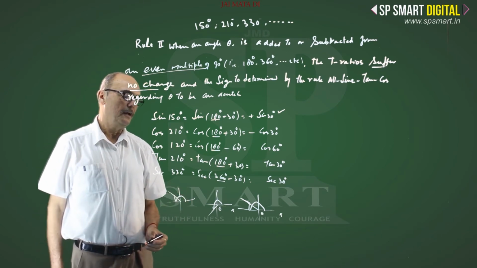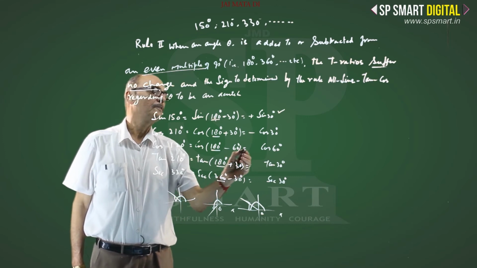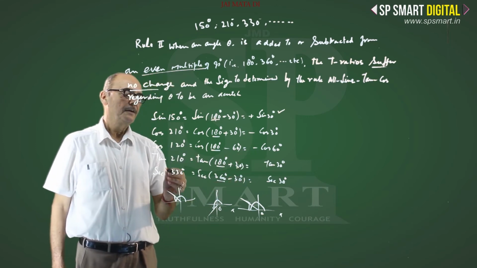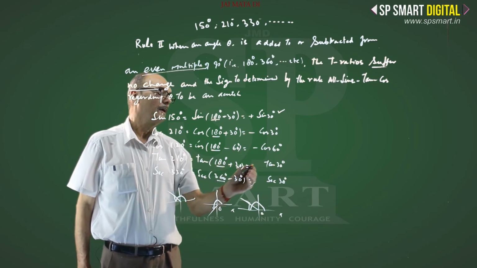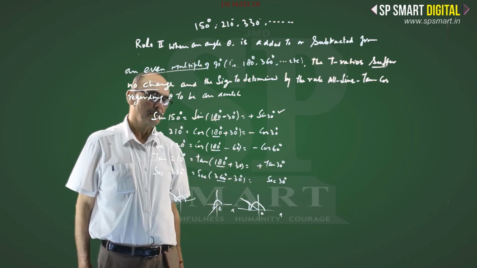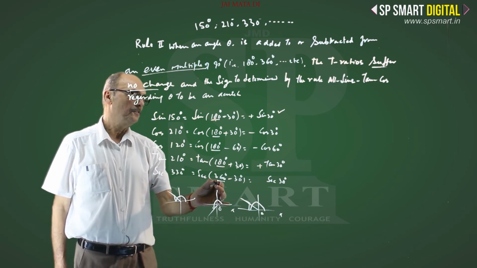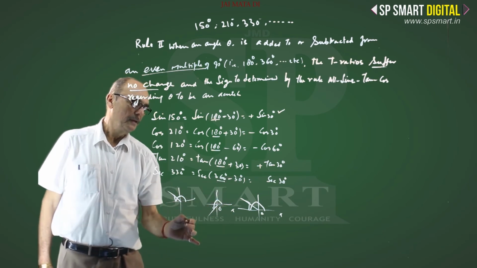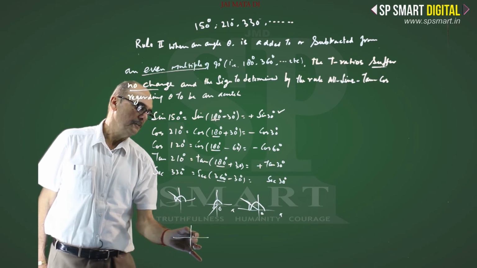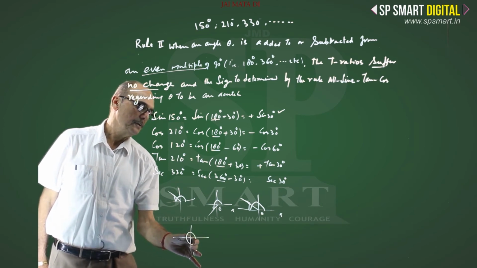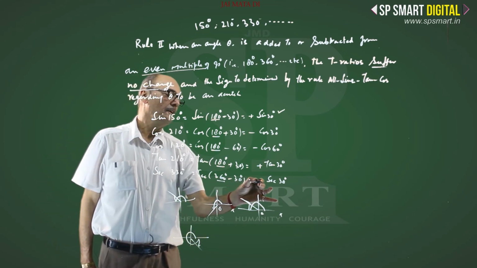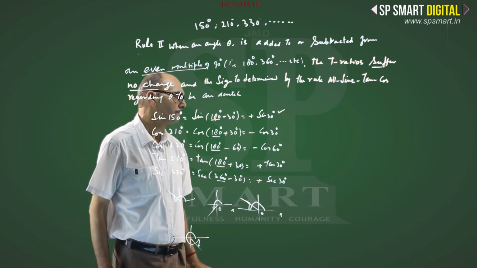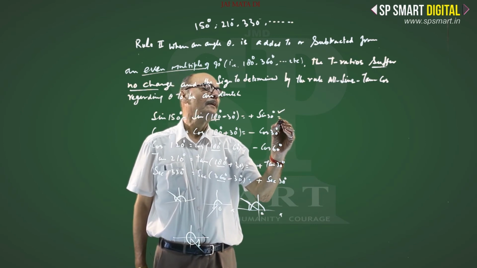So, in the second quadrant again cos is negative. Tan of 210, this is third quadrant, and tan is positive in the third quadrant. 360 minus 30, 360 is a complete rotation, minus 30 backward. In the fourth quadrant secant is positive.